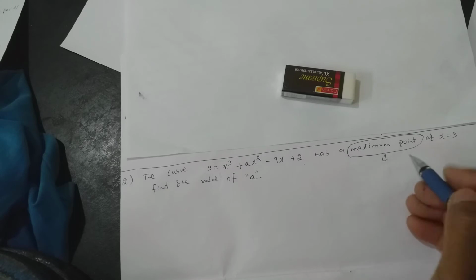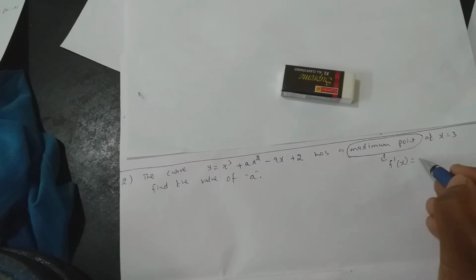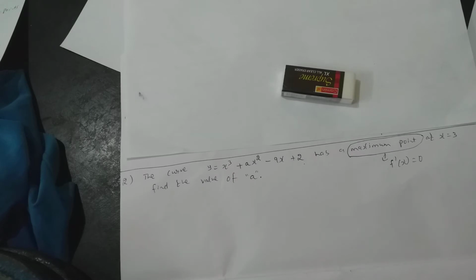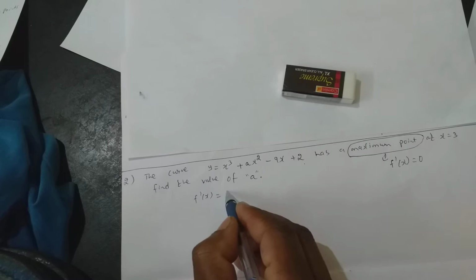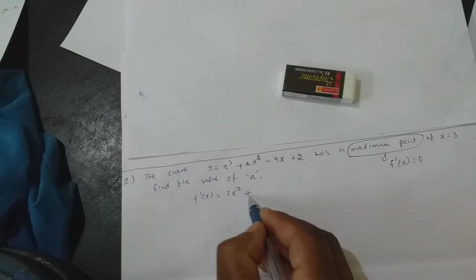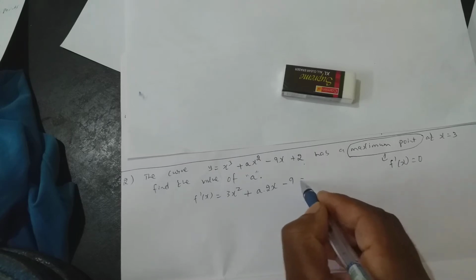So the condition for a stationary point is f dash x equal to 0. Here f dash x is 3x square plus 2ax minus 9 equal to 0.